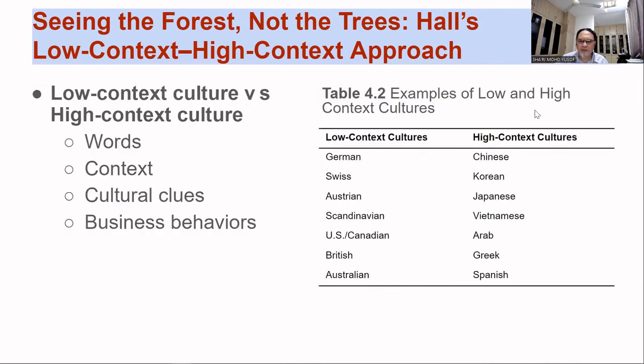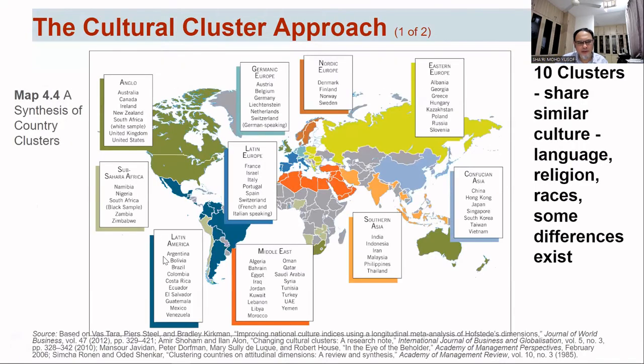So this is an example of low and high context cultures. It depends on the words, the context, the cultural clues, and the business behaviors. So that's one way of approaching understanding culture.